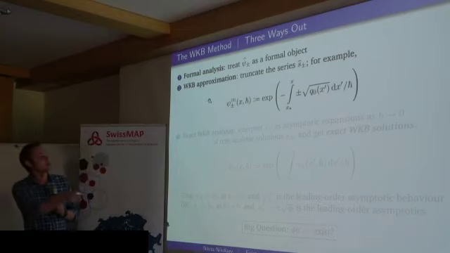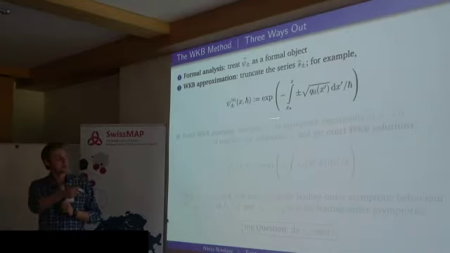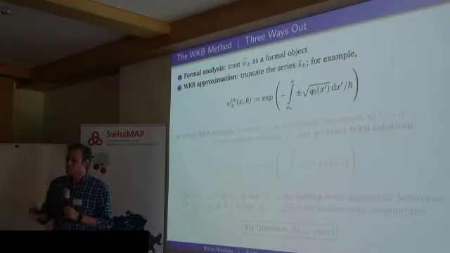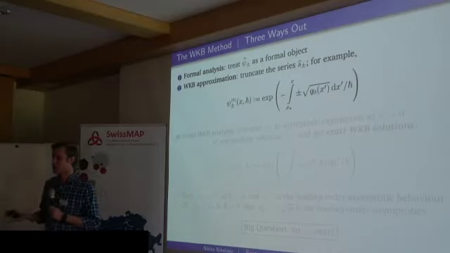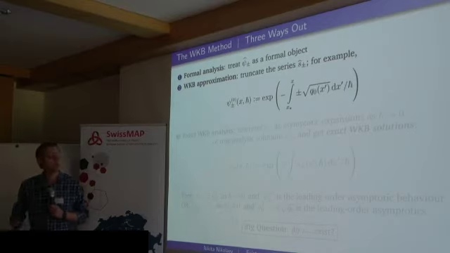For example, here I chose only the leading order of the power series. This is obviously an analytic expression which you can work with, but it is obviously not a solution to my Schrödinger equation, because if I plug it in, I won't get a vanishing.